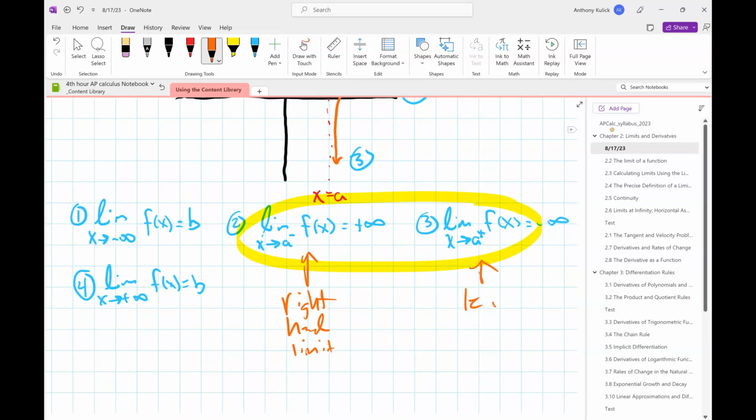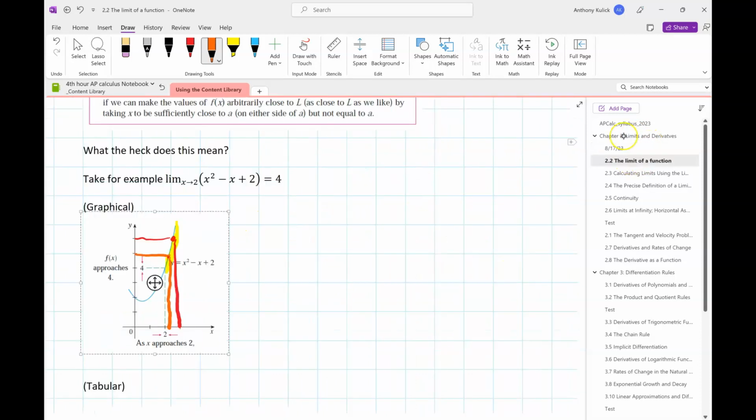And this one then would be the left-hand limit. So just some vocabulary thrown at you. We'll circle back and do that again a little bit later, but it makes sense to say it now.